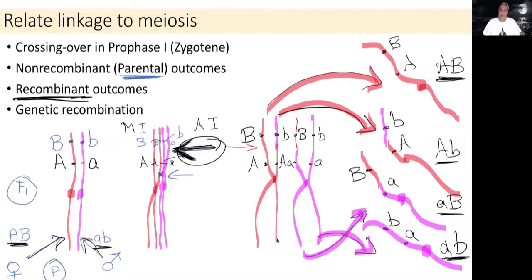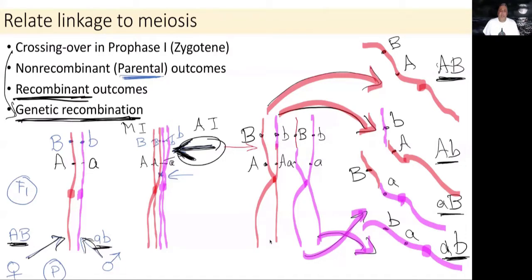That's the ultimate goal of this particular video lecture, to get a value for the distance between the A locus and the B locus. And we can do that by applying genetic mapping strategies, right? So what we have at the end is something called genetic recombination. It's nothing more than crossing over that leads to a shuffling of chromosome segments.